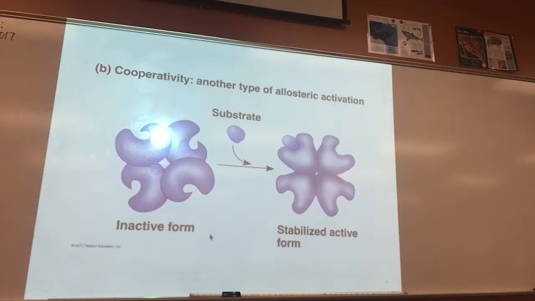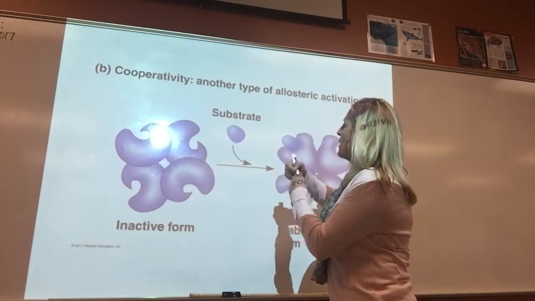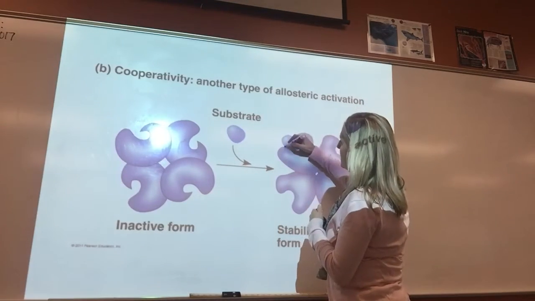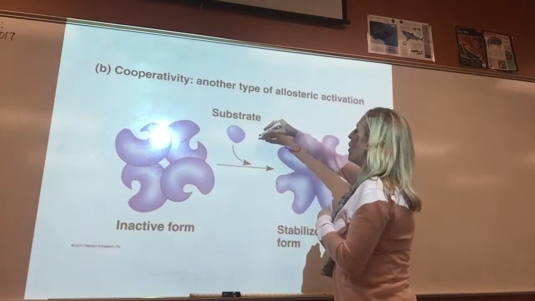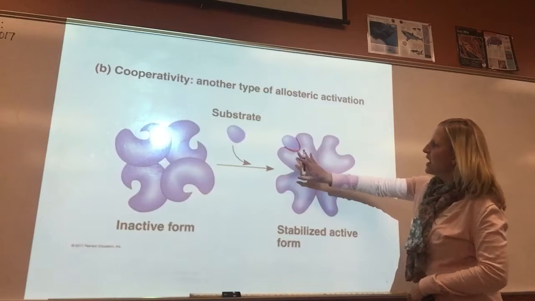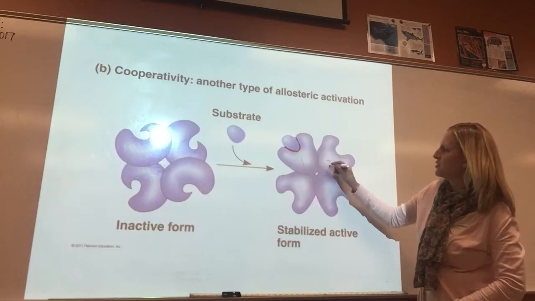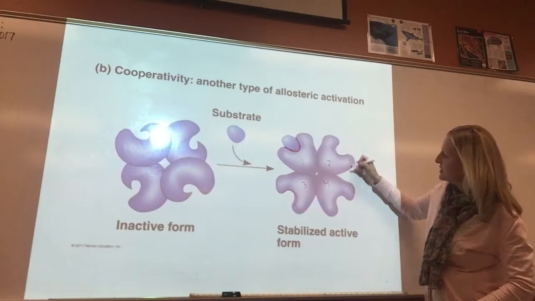So this is showing you cooperativity. Here's your substrate, and the substrate binds to the active site. So this right here is your active site. Remember this has 1, 2, 3, 4 subunits, and therefore has 4 active sites.